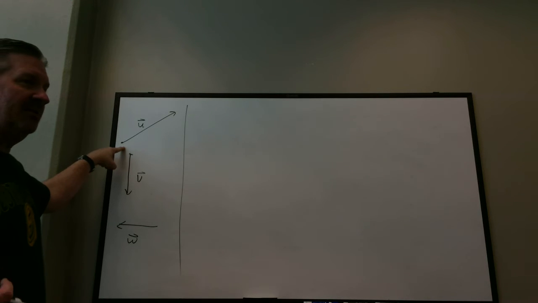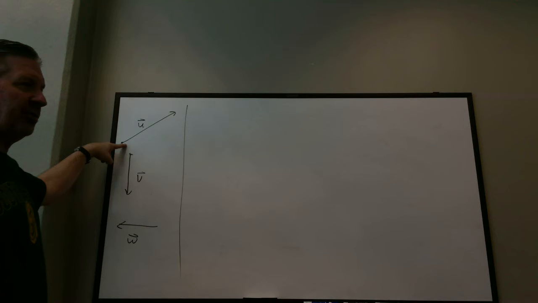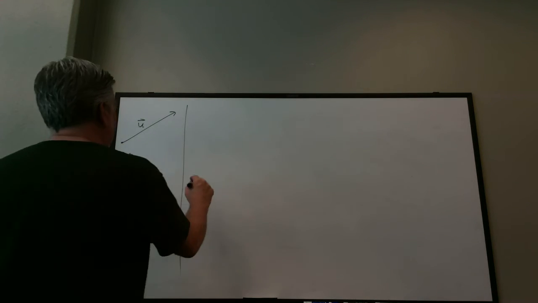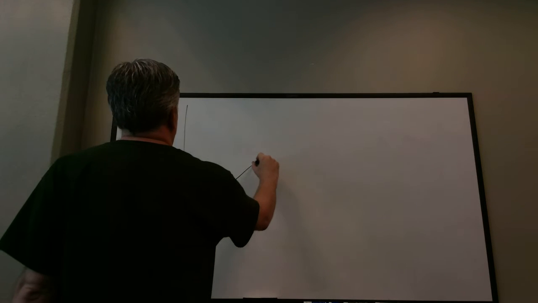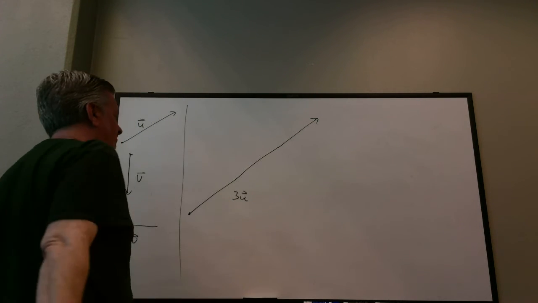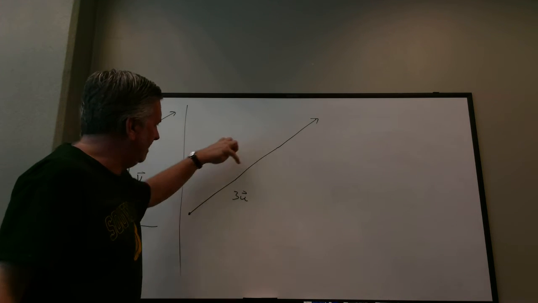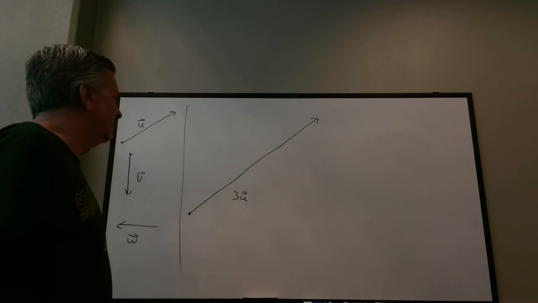3 is positive. So it's the vector with the same direction as u, but 3 times as long. So I just have to take vector u and make it 3 times as long. Okay, that's close. Always label. And don't put arrows in the middle, right? It's one vector. Just put it at the end.